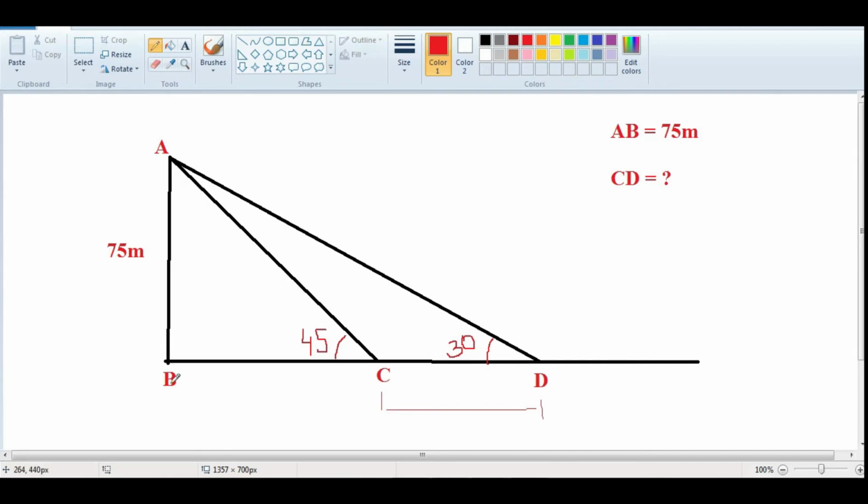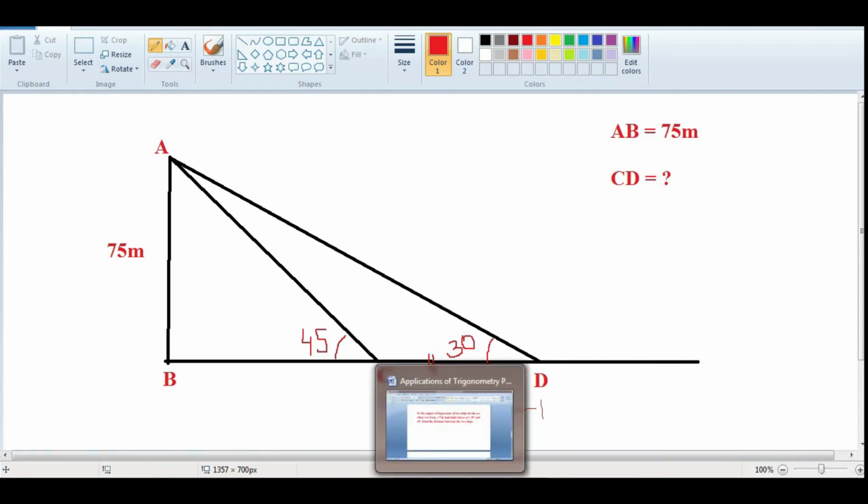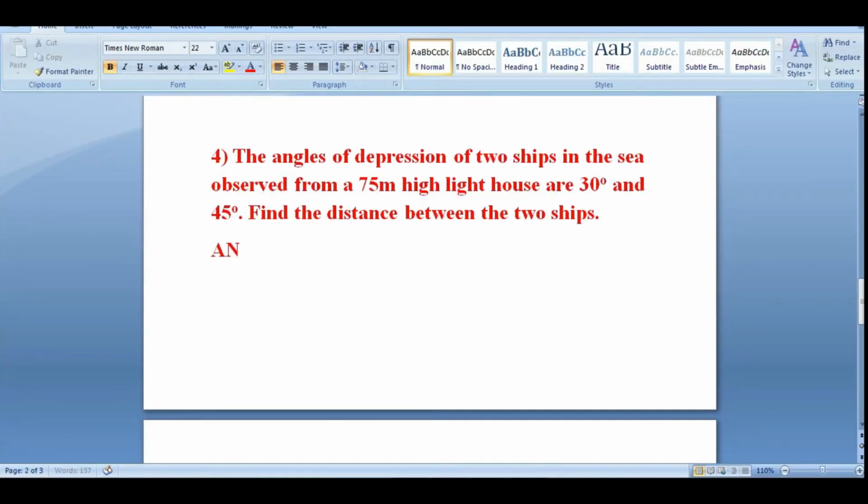First, the bigger one, that is ABD, then we will get the entire BD length. Then on ABC we will get the BC length. So BD minus BC we will get CD, that is this one. At first initialize everything.